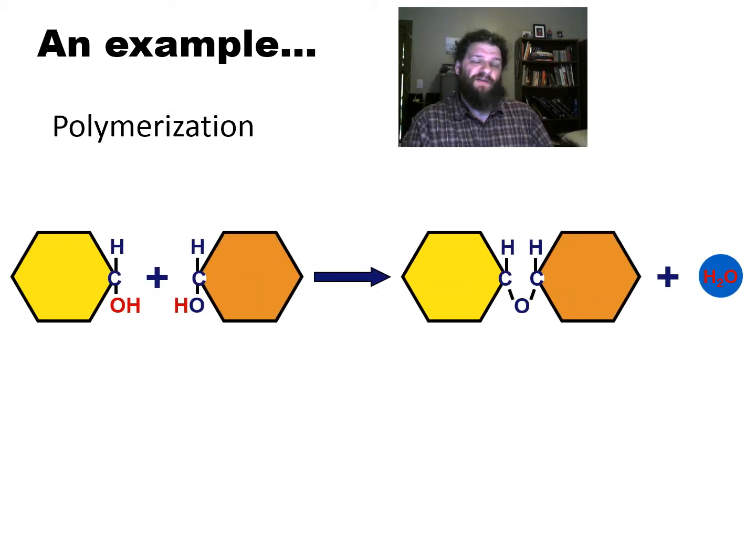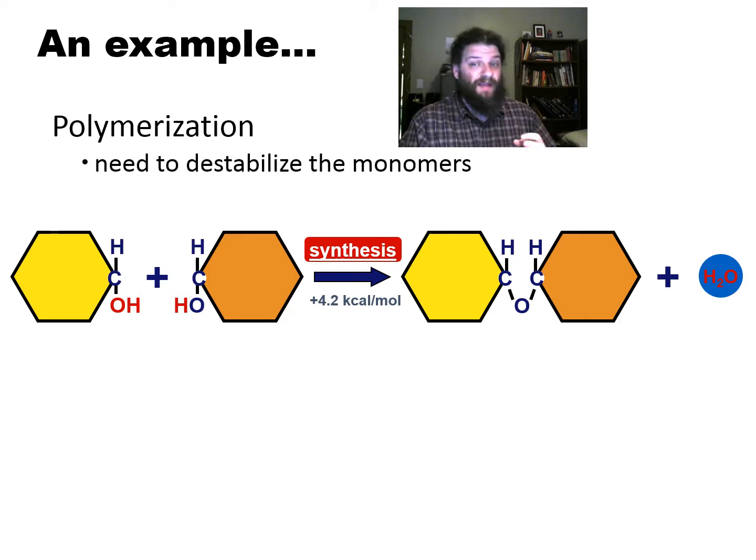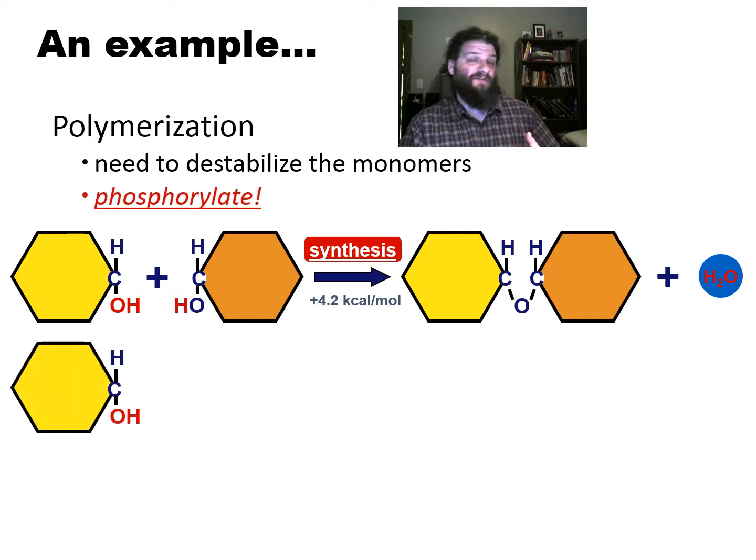Polymerization is going to provide us with a pretty good example of how phosphorylation is going to work to drive a synthetic pathway. Here's the dehydration synthesis of maltose. It takes, as an endergonic reaction, 4.2 kilocalories per mole to destabilize those glucose monomers. They're pretty stable by themselves, and so we have to add energy to destabilize them so that then they'll react.